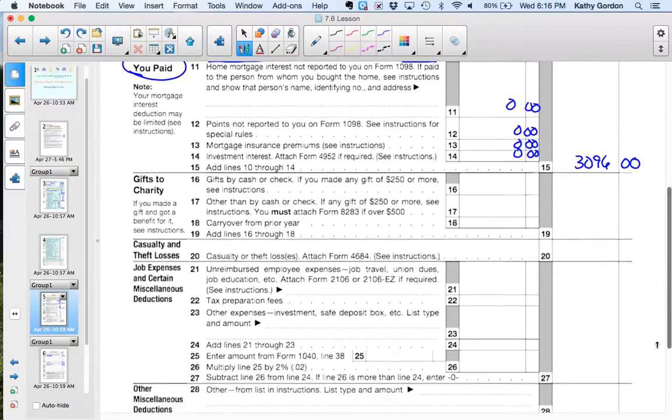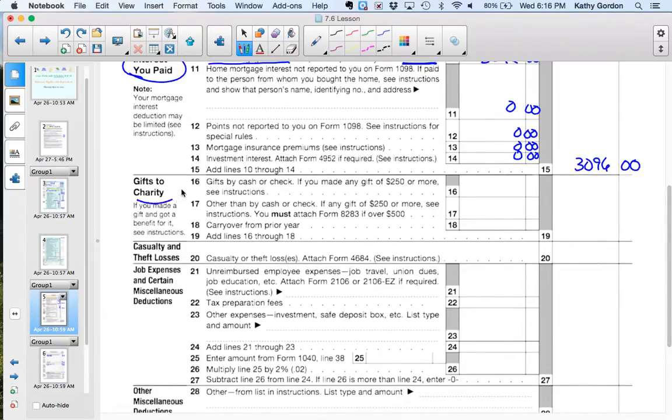Okay? The next section is gifts to charity. So if you donate or give charitable gifts to any kind of organization, you can get tax deductions for that. They break it up into two categories. There are gifts that you give that are actual cash or checks, and then there are gifts that you give other than cash, but you need to have some sort of value amount to them.